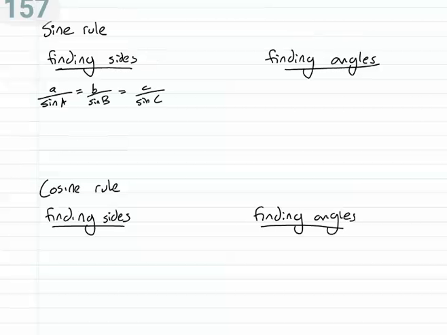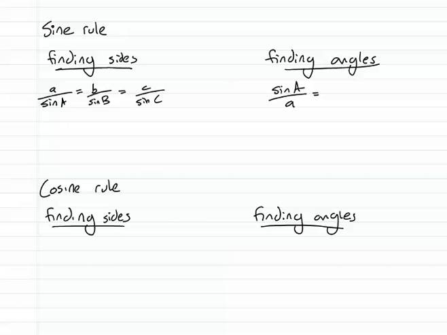For finding angles, it's just the other way up. Sine A over a equals sine B over b equals sine C over c. Again, you choose to use two pairs of matching side and angle. And this gives you the information that you need to know if we can use the sine rule.